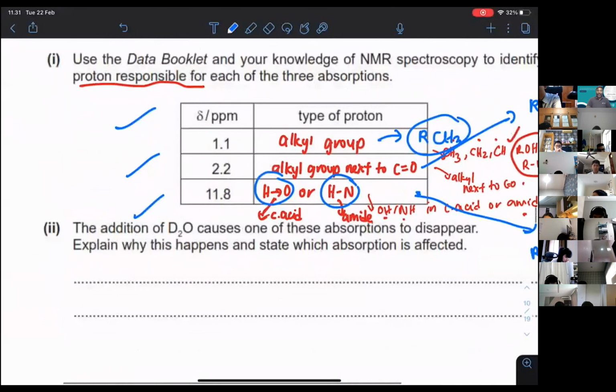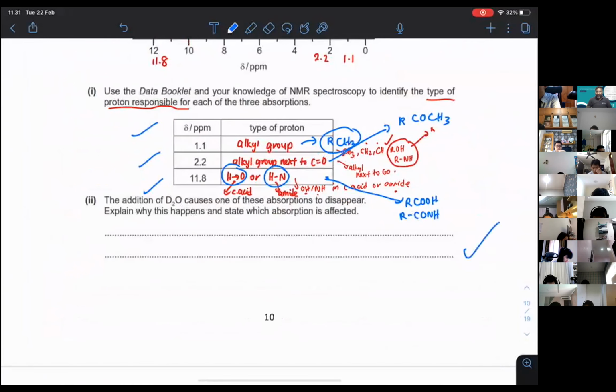Because I already mentioned to you, rapid exchange of the hydrogen atoms between the D2O and the hydrogen from the carboxylic acid or amide. They exchange to give deuterium, which will not be detected in the NMR spectrum. So that is going to be the answer for that.